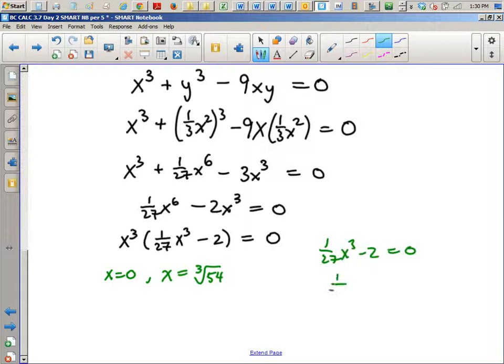I added the 2 over, multiplied by 27, and cube rooted. Anyone have a calculator? What is the cube root of 54? You can just type 54 to the 1/3.